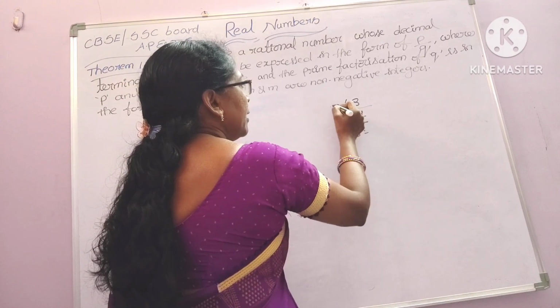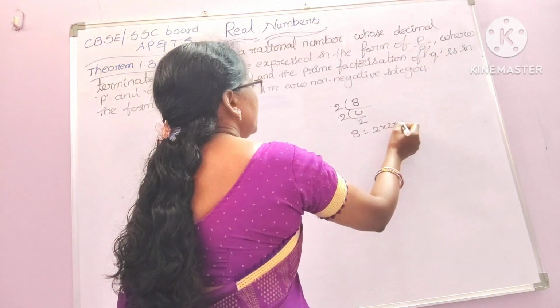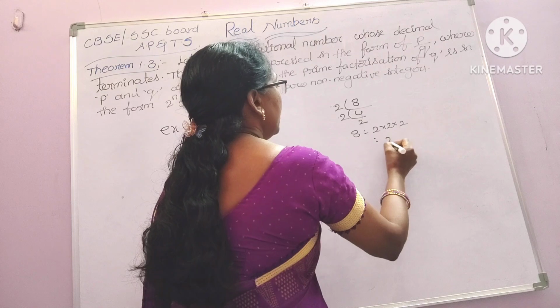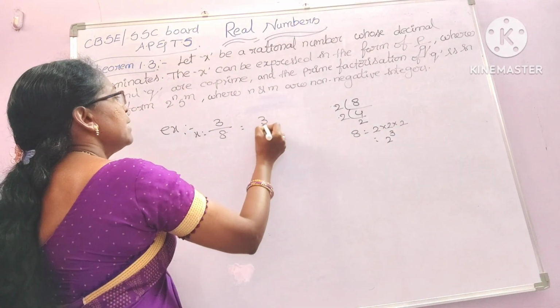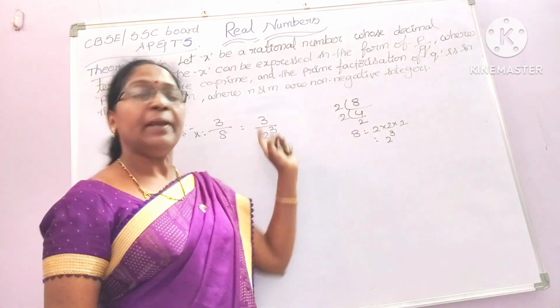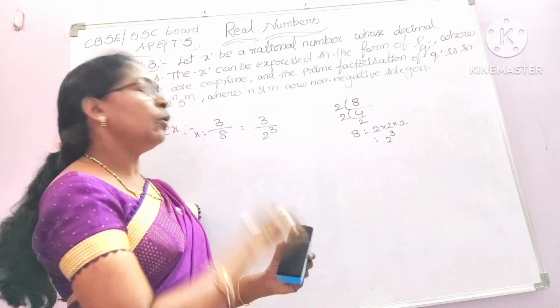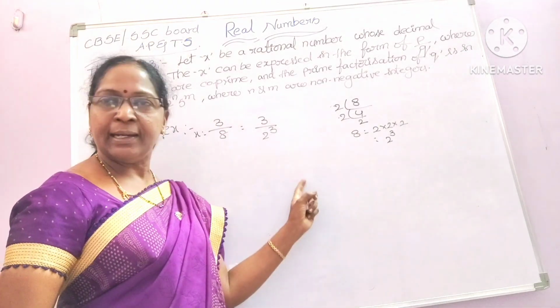So 8 can be written as 2 into 2 into 2, 2 multiplied by itself 3 times. So 8 equals 2 cube, and this can be expressed as 3 by 2 cube. If the denominator is in the form of 2 power n or 5 power m or both 2 power n and 5 power m, then it terminates.